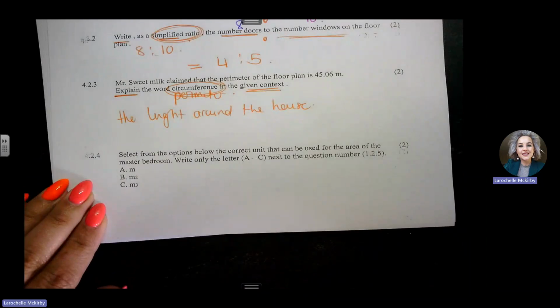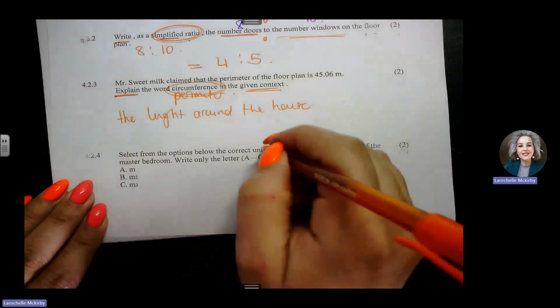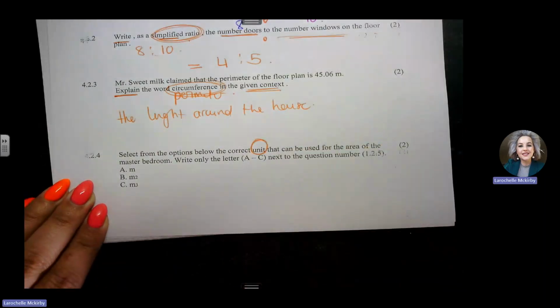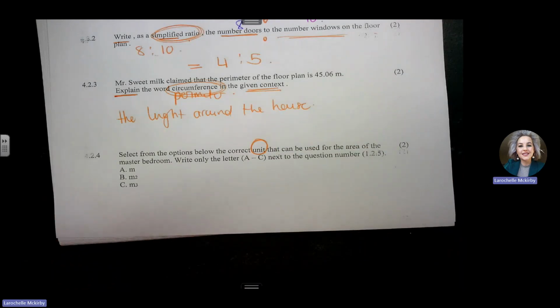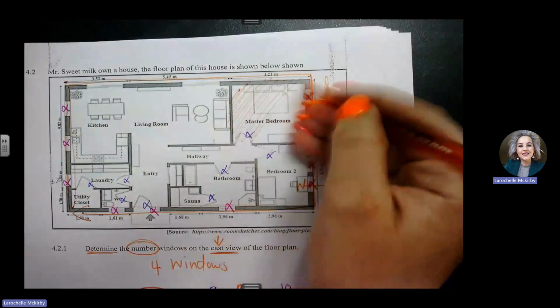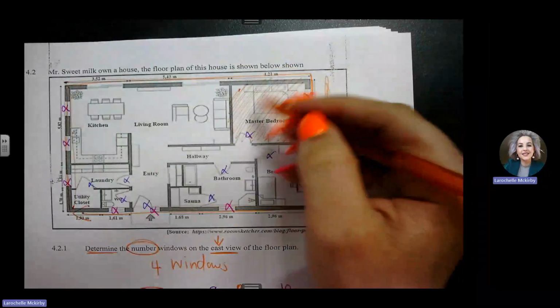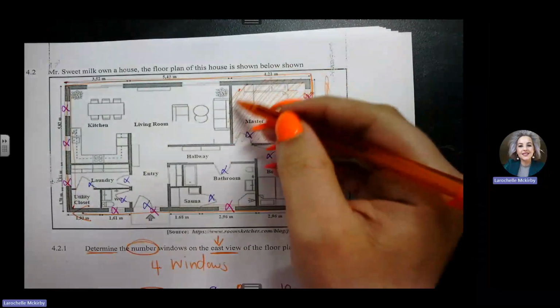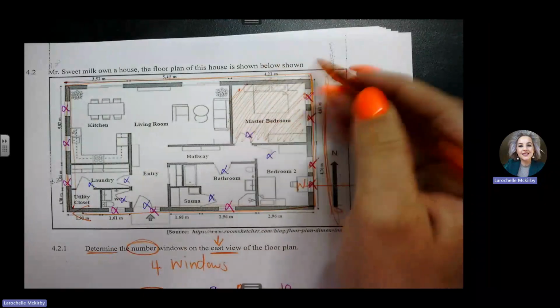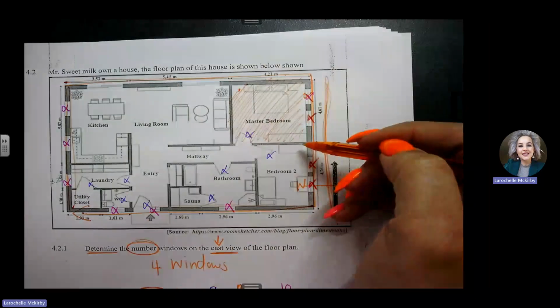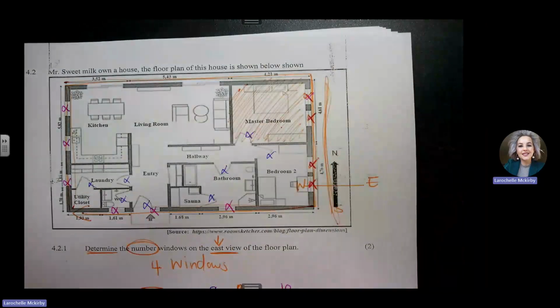4.2.4. Select from the options below the correct unit that can be used for calculating the area of the master bedroom. So there's the master bedroom, and the area can be defined as calculating the length multiplied by the breadth. It is the space that is taken up by a 2D form, for example, the bedroom.